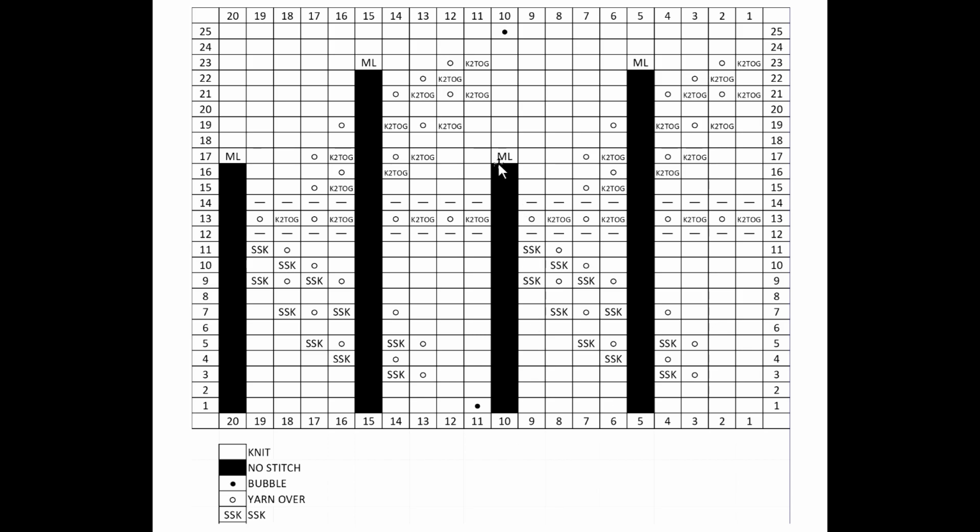So I want to increase here and here on row number 17. These are the no stitch, and suddenly I'm going to make 1 stitch here and 1 stitch here. If I put the black no stitch section over here, it means I have to increase only this side, which means I'm going to ruin the design. You know what I'm saying?